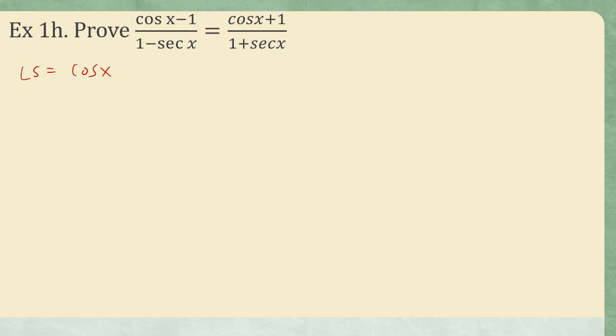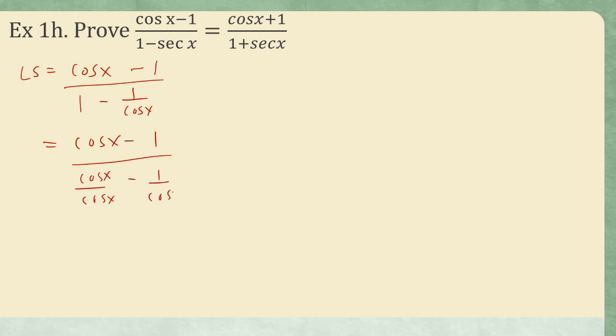Cos x minus 1 over 1 minus secant, which is 1 over cos x. I need a common denominator on the bottom. That 1 would just change to cos x over cos x minus 1 over cos x, which would change to cos x minus 1 all over cos x.